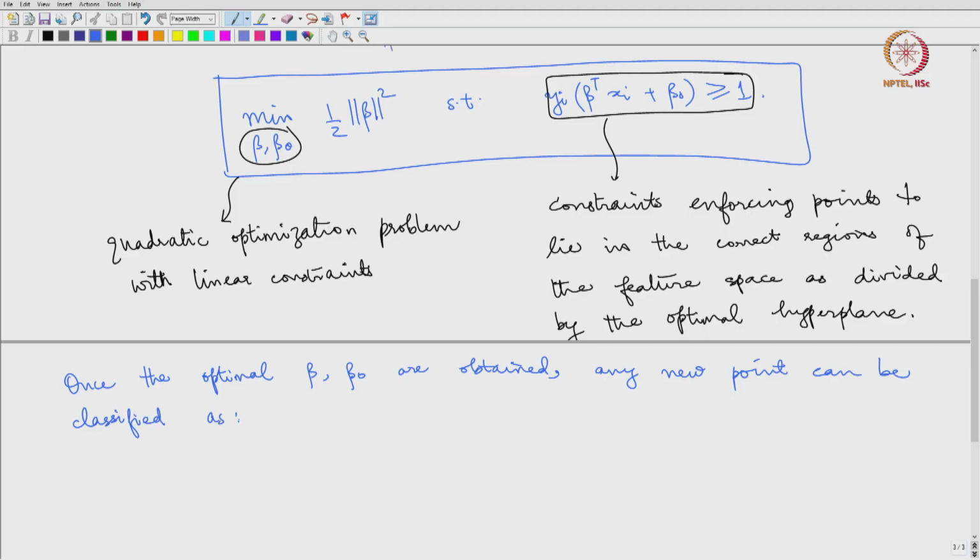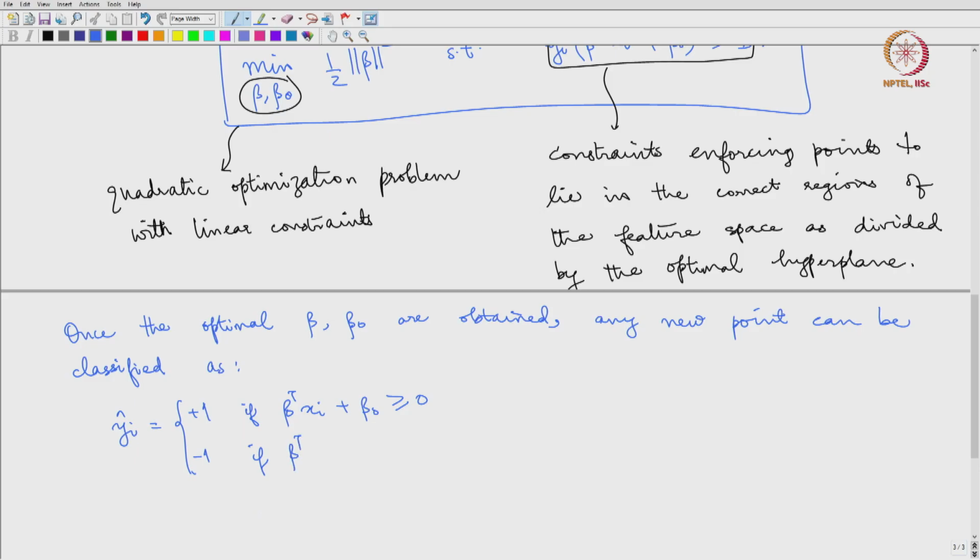as yi hat equal to plus 1 if beta transpose xi plus beta naught is greater than or equal to 0, and it is minus 1 if beta transpose xi plus beta naught is less than or equal to 0. Okay. So, in short, you could even write it using the sign function SGN which we have encountered previously.